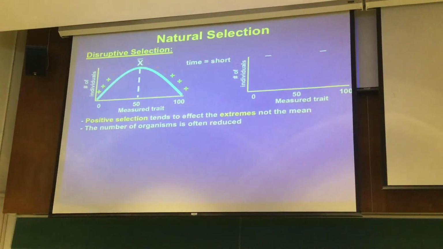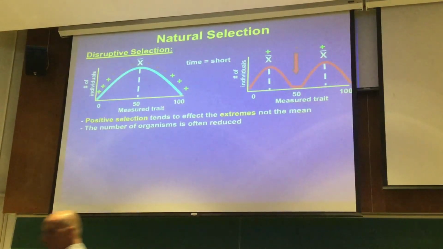Two peaks with a dip in the middle. Since this is also a disruptive event and it typically is severe, it has a tendency to do a number on the number of individuals as well by decreasing them. So in this case, also notice the time period. It's short. It happens quickly. It's not like a multi-generational thing. It happens very quick. It's a rapid change in the environment which drives it.